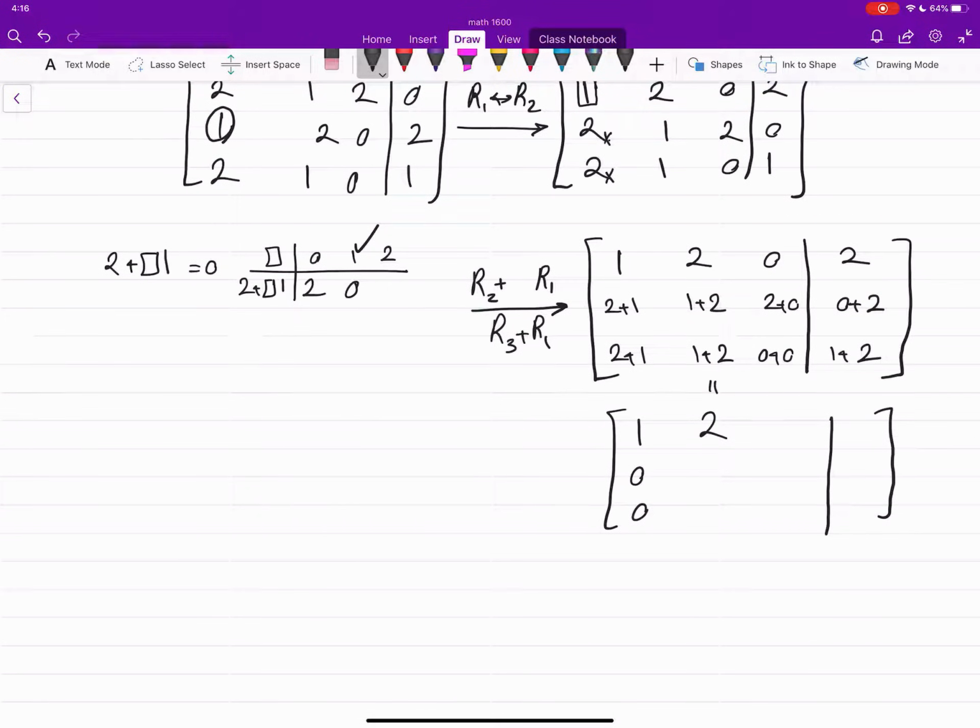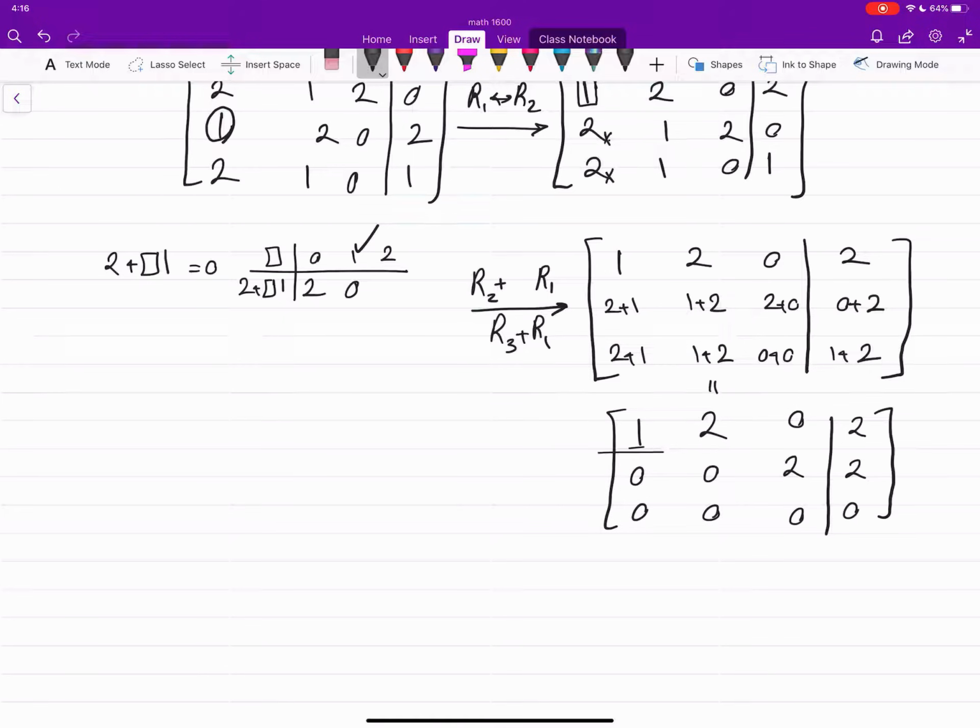Remember, 1 plus 2 is 3. In Z3, we have to write it as 0. Okay, 0. And then this is 2. This is 0. And then we have 2 there. This is 2. And 2 plus 1 is 0. Wow, nice. Now, we are done with the first row.